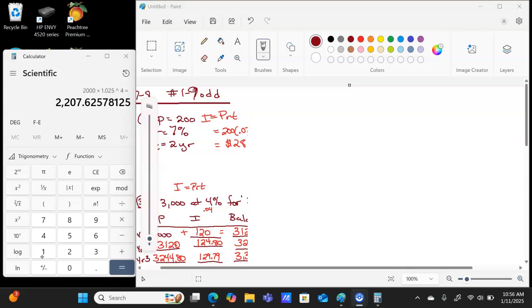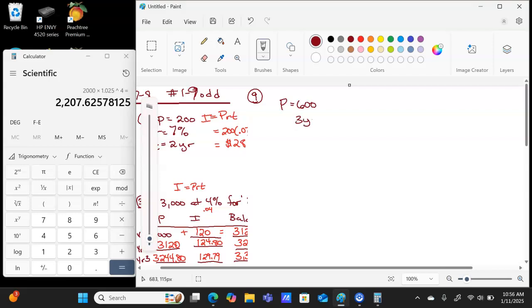And I decided we needed to do another example of those, so I added number 9 to your homework list. It says you deposit $600, so that's my principal, in an account for 3 years.